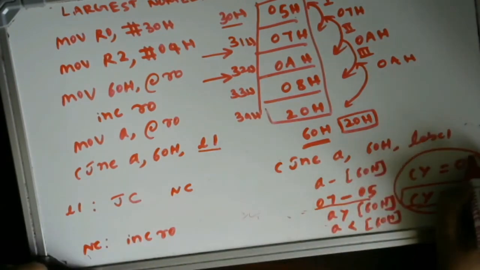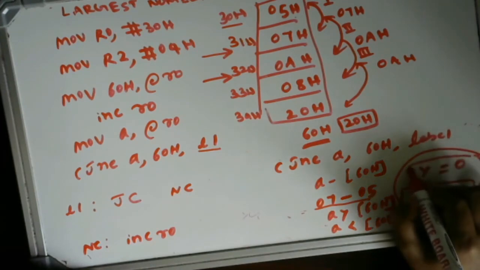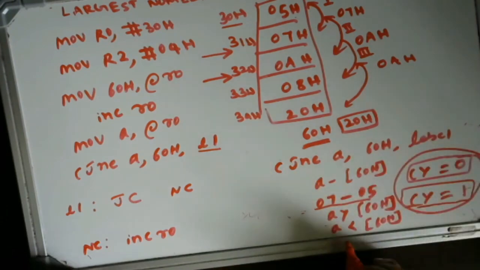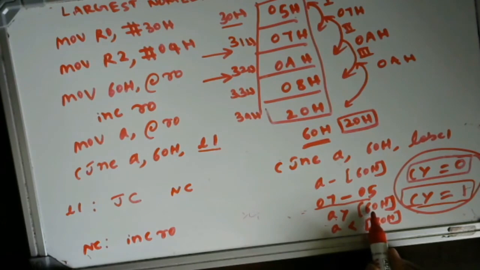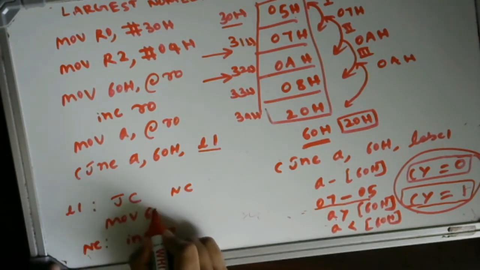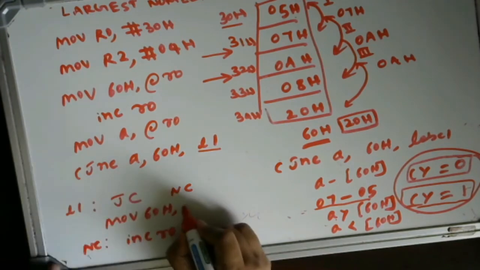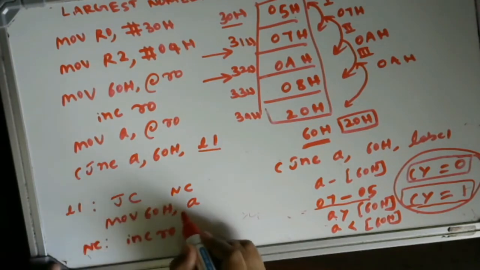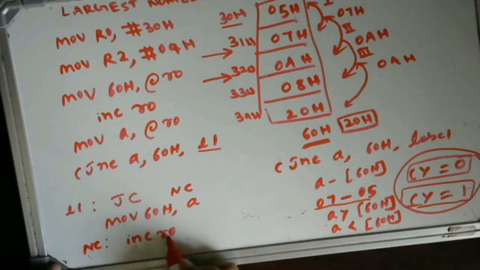If carry is not generated, it's nothing but the accumulator is having the largest data compared to the data present in 60H. So at that time we need to get the largest number into 60H. That is done by the instruction MOV 60H comma A. After this, as usual, we need to get the next data.